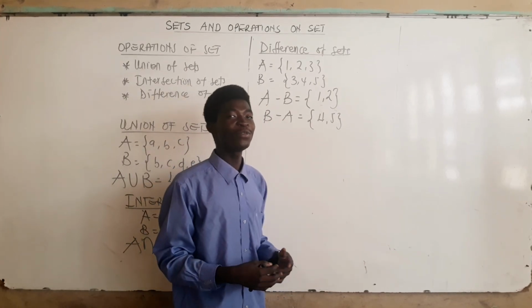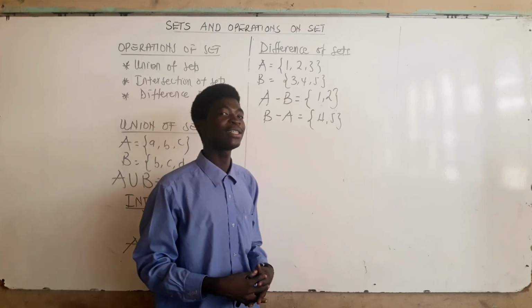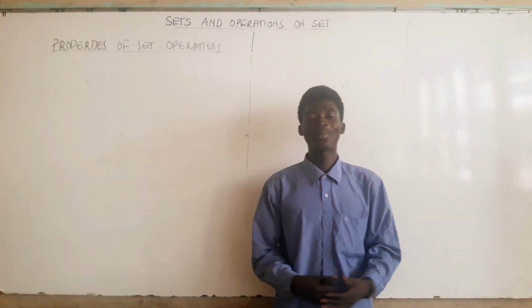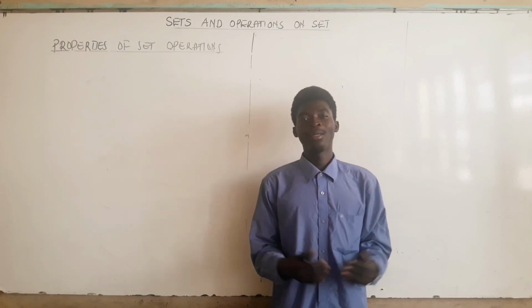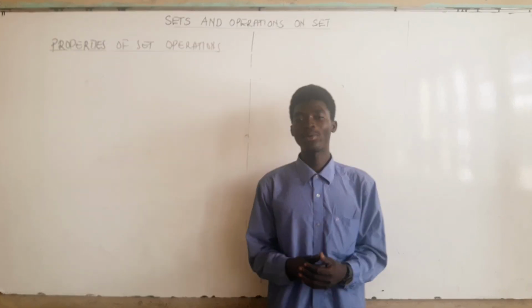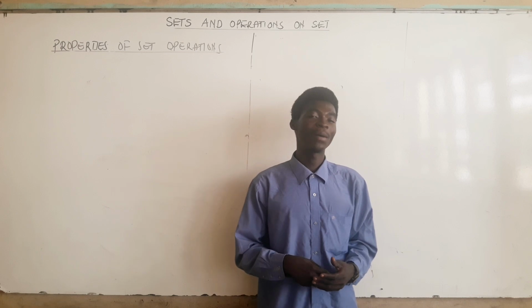Now let's quickly move on to the properties of set operations. So we are now on the properties of set operations. There are 3 main properties of set operations, and I'm going to talk about them.